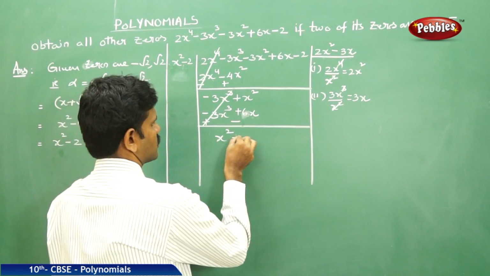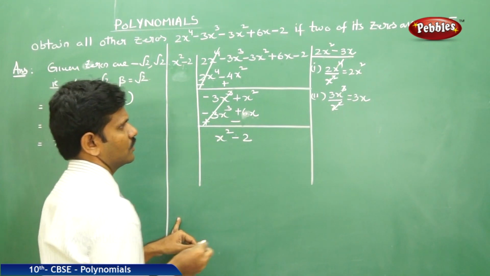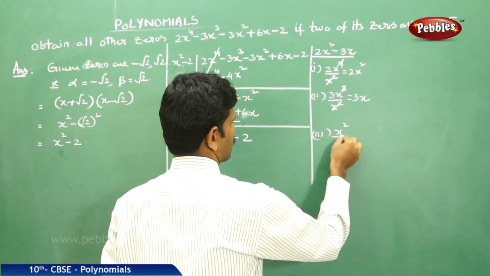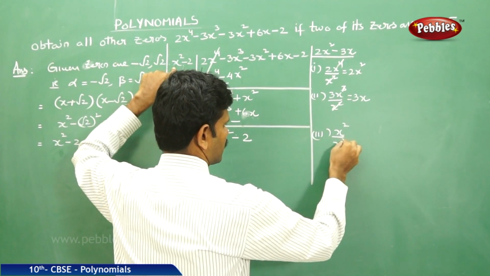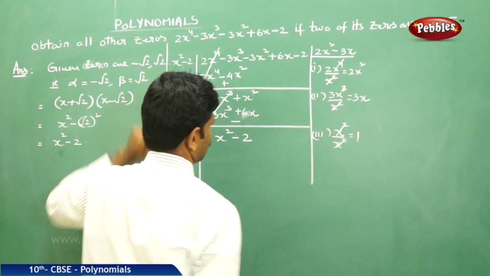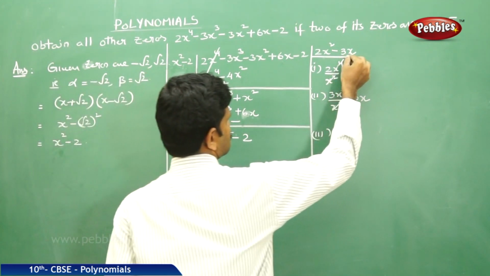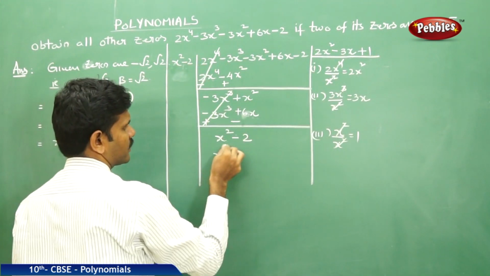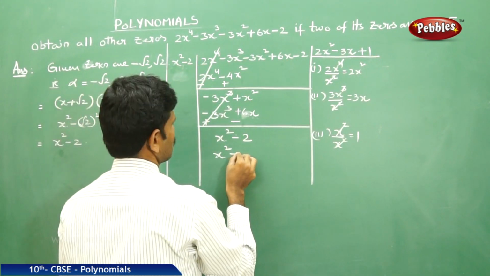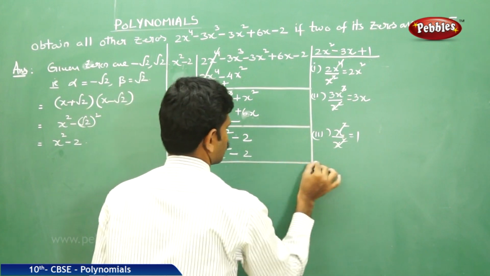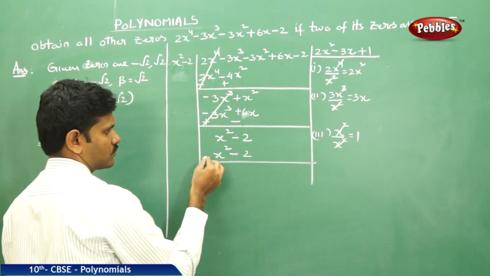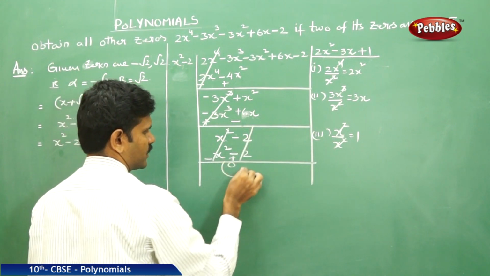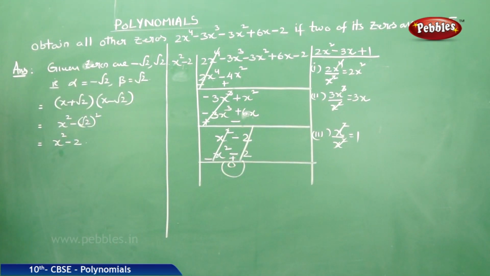The rest part is minus 2, that is the third cancellation. x square by x square gives you 1, that is plus 1. 1 into x square, minus 1 twos are 2, that is minus plus, both parts get cancelled, remainder is 0.